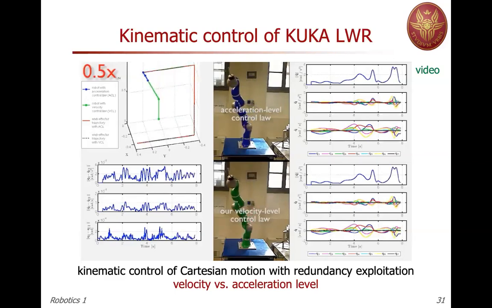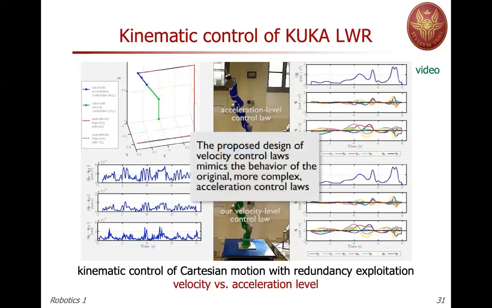And here is our velocity control, which is simpler and mimics exactly the same behavior. If you look at the differences in terms of the acceleration computed with the acceleration level controller and our discrete time version of velocity level mimicking the acceleration one, you can see on the left-hand plots that the error is below 10 to the minus 3 radian per second squared.